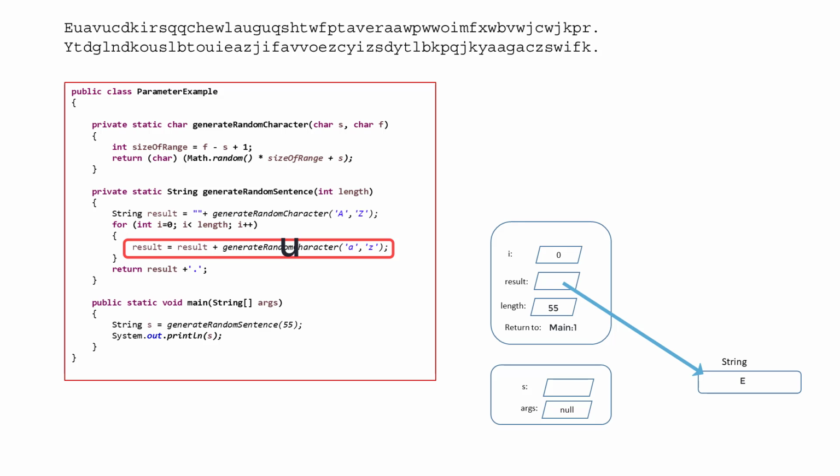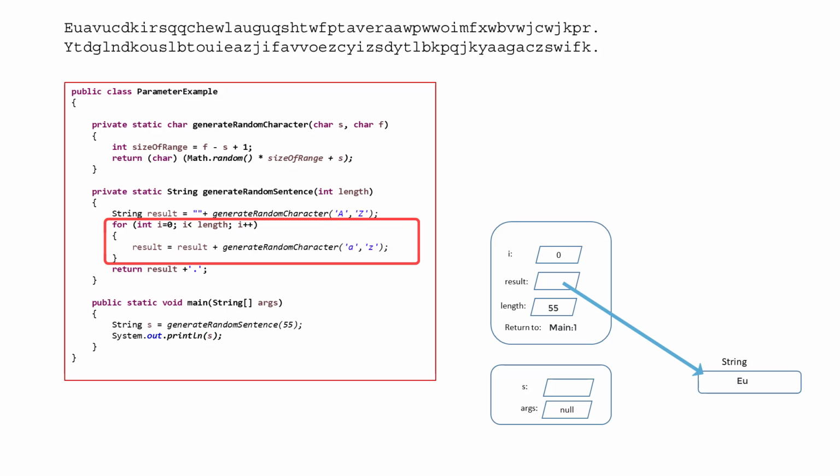Now this statement is going to take that lowercase u and concatenate it onto the end of the string that result is referencing. So that string is going to become capital EU, and it's going to make result point at that new string.